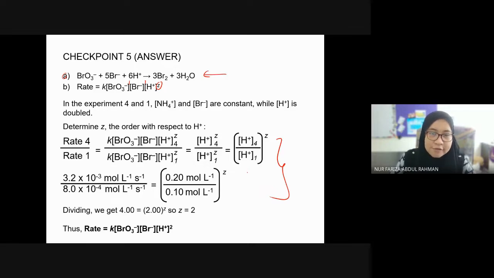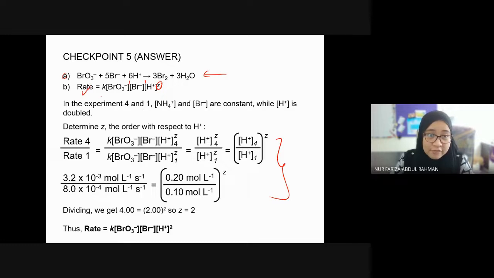But my question is to trigger your thinking. Must we go through this method? Because as you can see, we have all the unknowns already except for Z. We only have one unknown now. The rest are all known values.